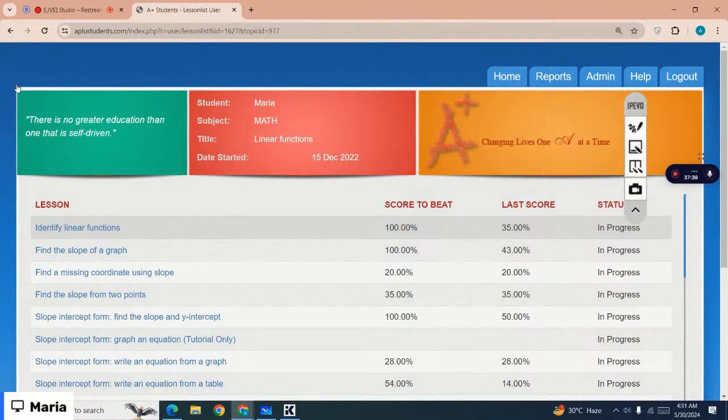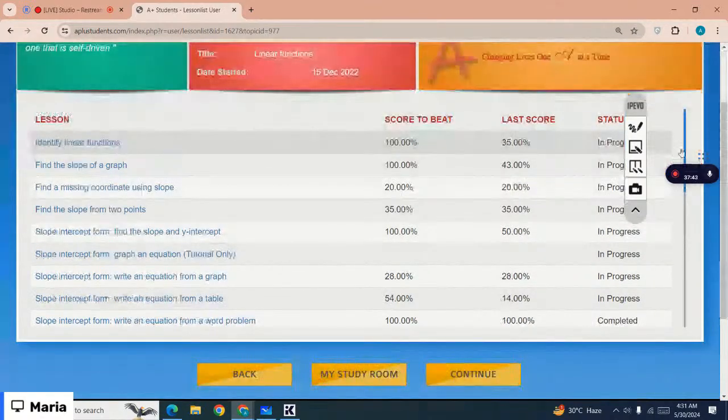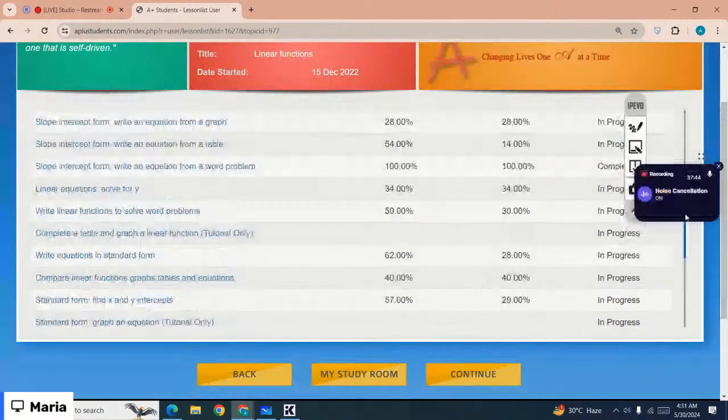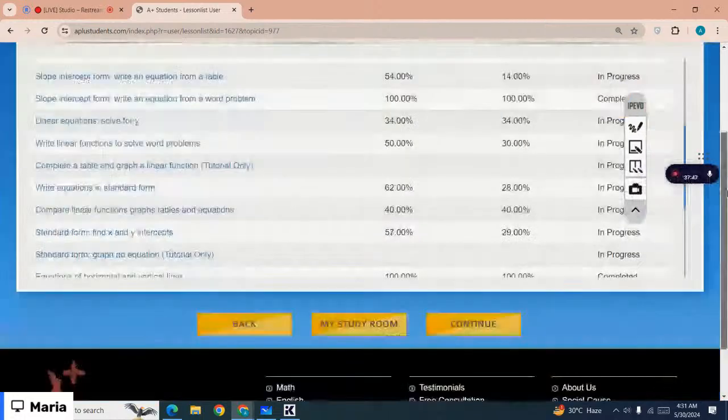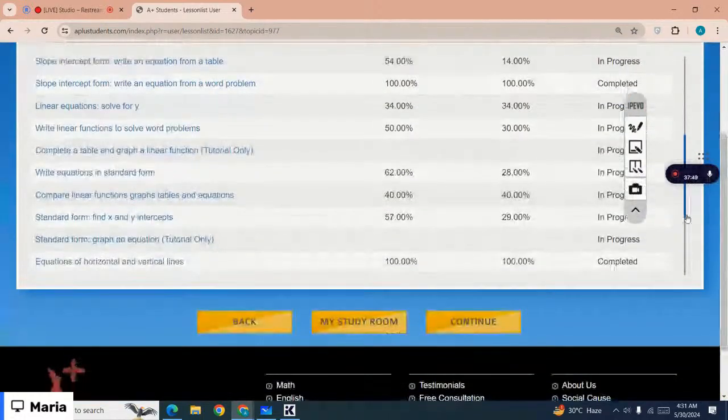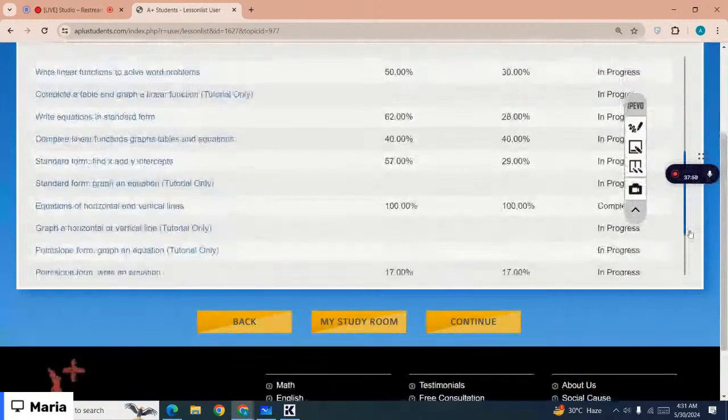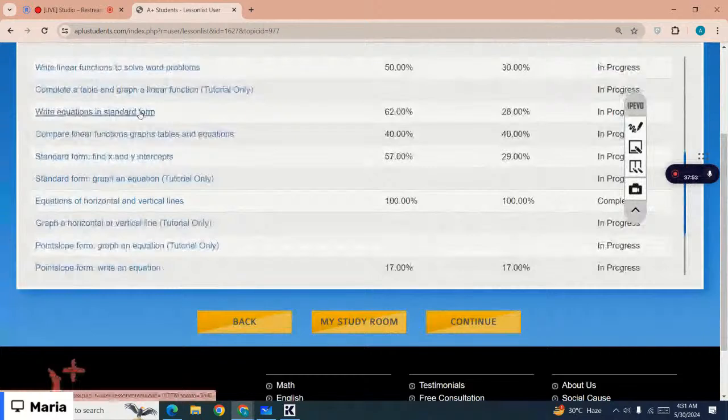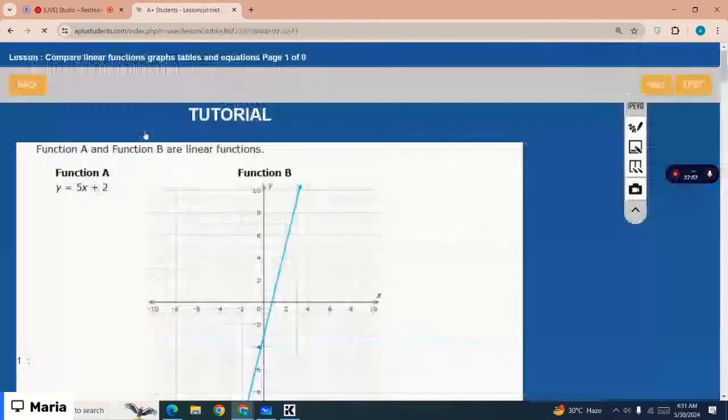Okay, the next lesson is compare linear functions, graph tables, and equations. Let's just start with the next lesson.